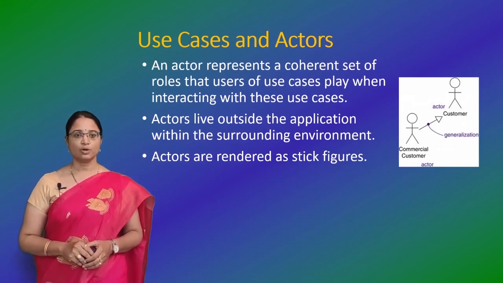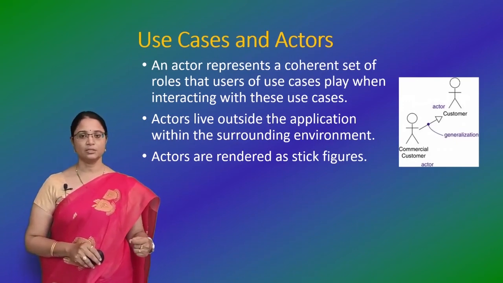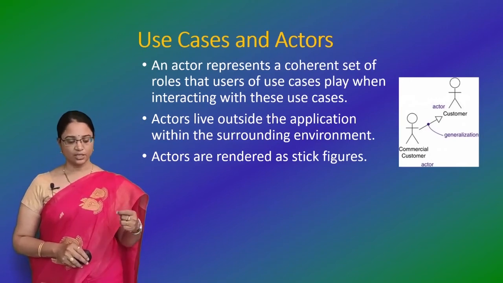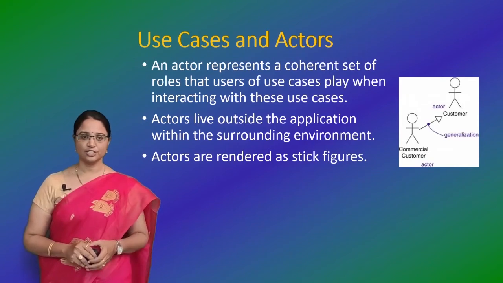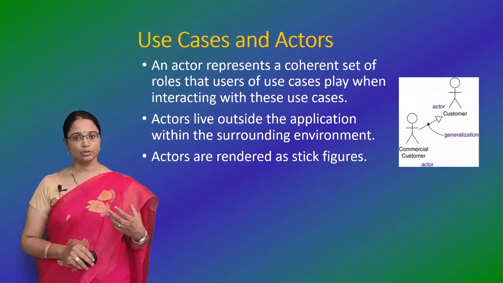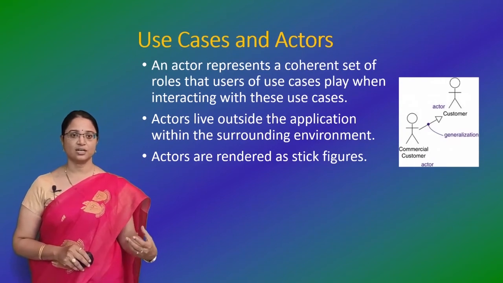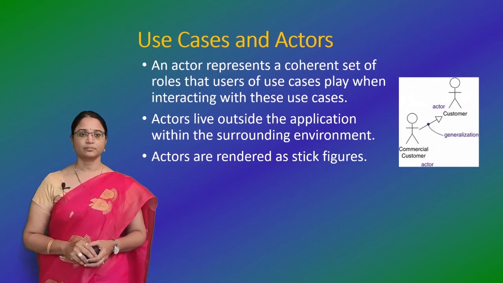Sometimes, if you consider a customer, the commercial customer is one of the types of it. You know that if the child class acquires the properties from the parent class, you can use a generalization relationship. So here customer is a generalized class, and the commercial customer is a specialized class. To represent the relationship between them, you can use a generalization.